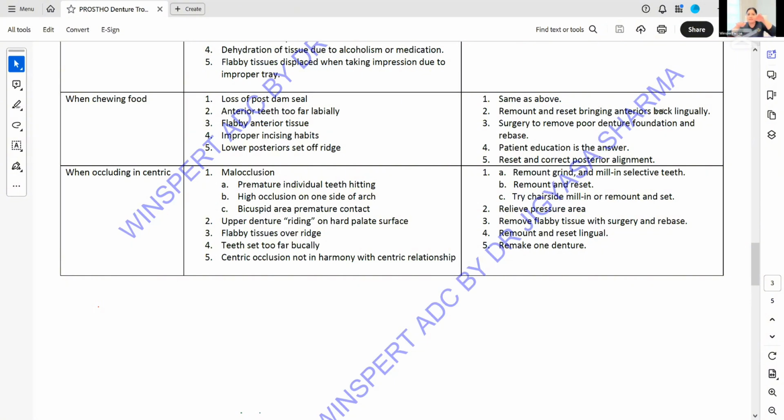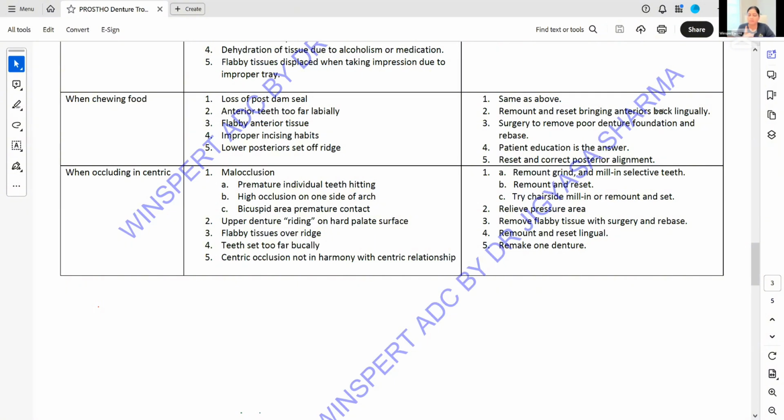Denture rocking on the midline means that it chews on one side and the other side comes down. Yes or no? That is your chewing food looseness. Denture rocking on the midline is because of interferences in your lateral excursion, right? So you will correct the occlusal interferences and make sure your denture is bilaterally balanced even on your sideways chewing. Working and non-working side, both contact.